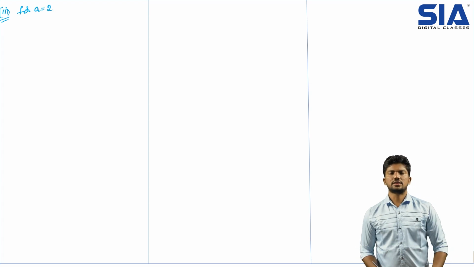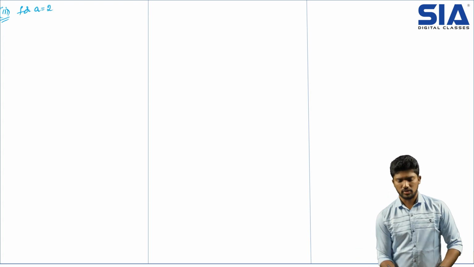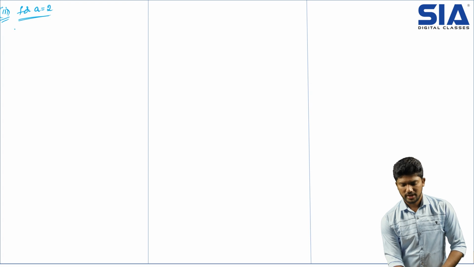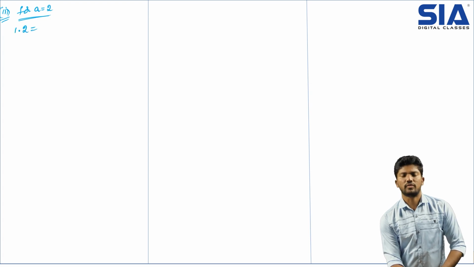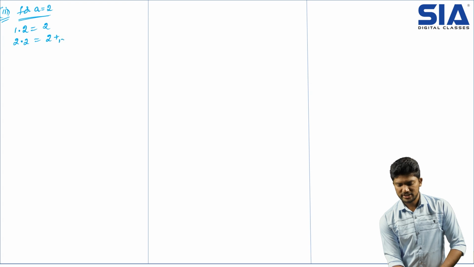Now for a is equal to 2, the third element in the group. Now take the formula. n is equal to 1, a is equal to 2. 1 into 2 you will get 2, which is less than 12. Next 2 into 2 is 4, that means 2 plus 2 is 4. 4 by 12 again you will get 4 only.